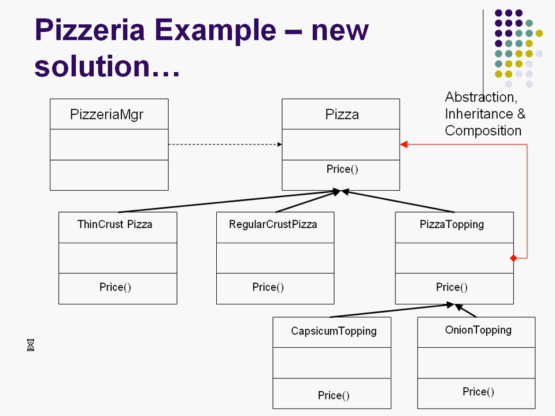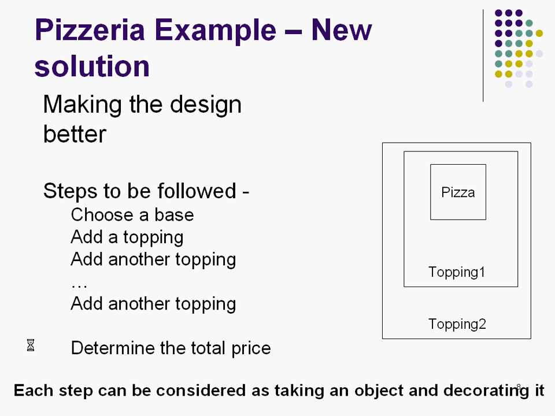This is a composition. So can we have just a topping? That's not a pizza, right? But a pizza with topping will always have a topping and a pizza. So it has a composition. Each of these decorators, or this particular class, will have one pizza associated with it. And when we were doing the layering also, we had a pizza, we decorated it with one topping, and the topping has one pizza associated with it, right?